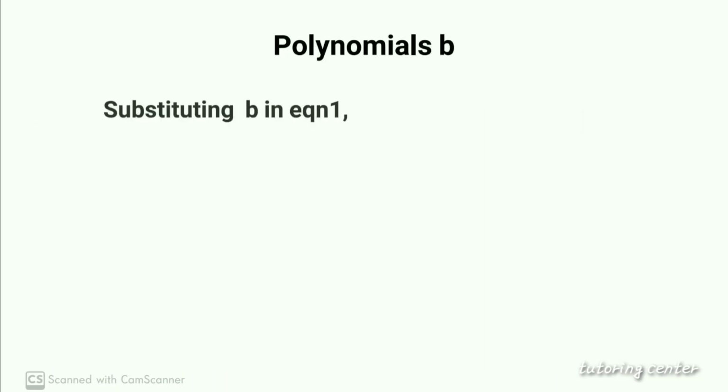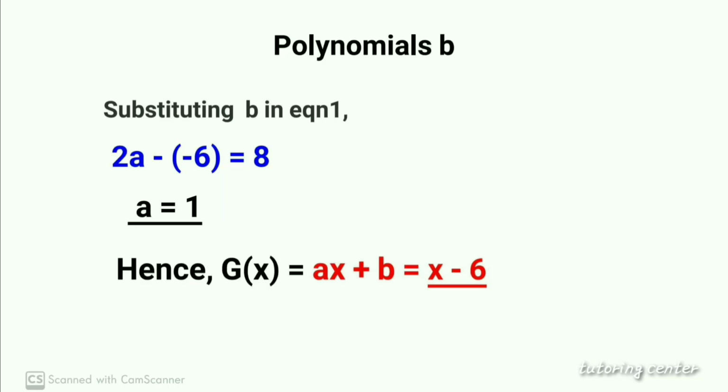So substituting b in equation 1, we get 2a minus -6 is equal to 8. Proceeding, we get a is equal to 1. Remember we said q of x is of the form ax plus b.